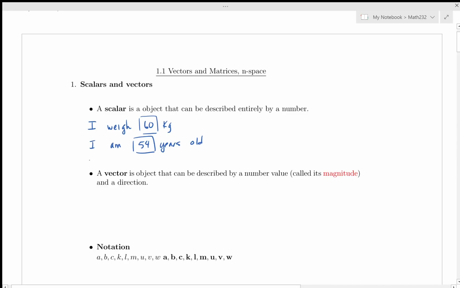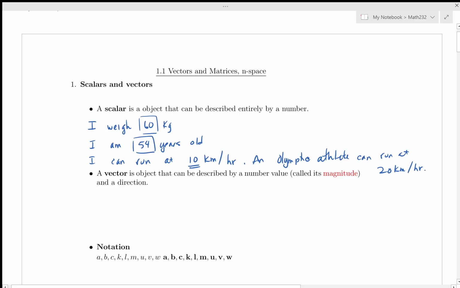How about this? I can run at 10 kilometers per hour. That gives you an idea of the speed. And then for a comparison, an Olympic athlete can run at 20 kilometers per hour.